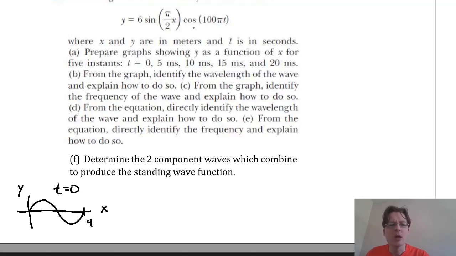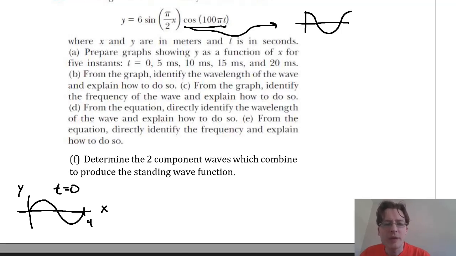Why is that? Well, let's look at cosine 100 pi t. So now I want to draw just the time part of it. This is just a cosine graph. It looks like this. In fact, since omega is equal to 100 pi, the frequency is equal to 50 hertz. You can check that f, which is omega over 2 pi, is 50 hertz.